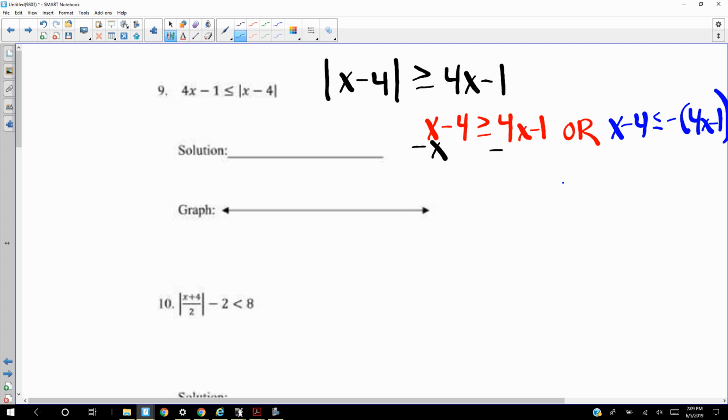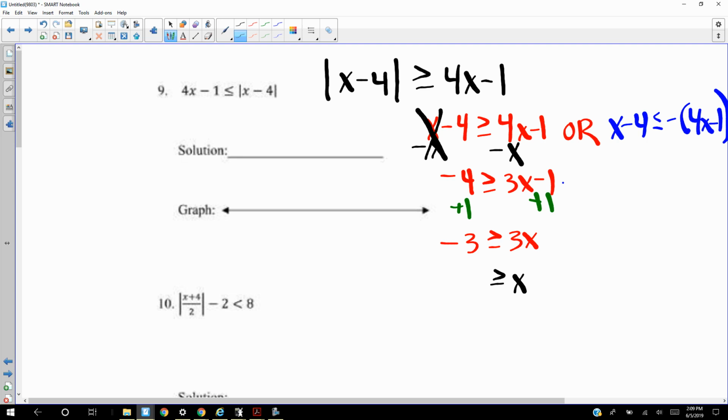I'm going to subtract x from both sides. And then I'm going to add 1. Got to be careful here. We're dividing both sides by positive 3. So we did not divide both sides by negative, so the sign does not flip.